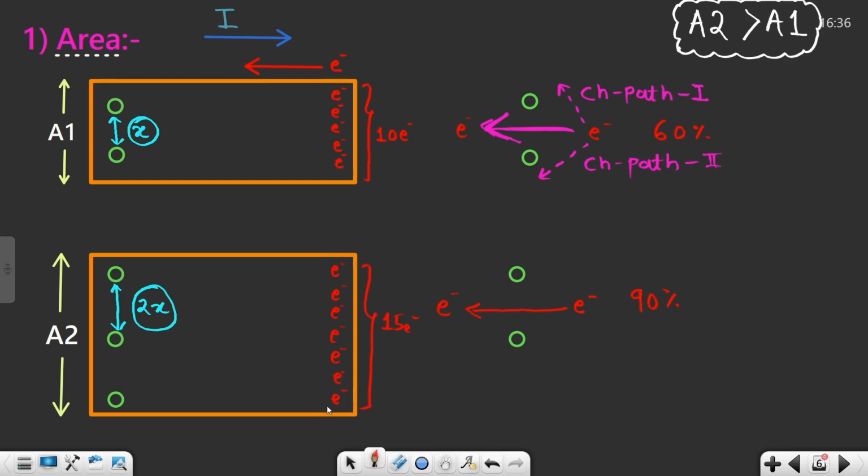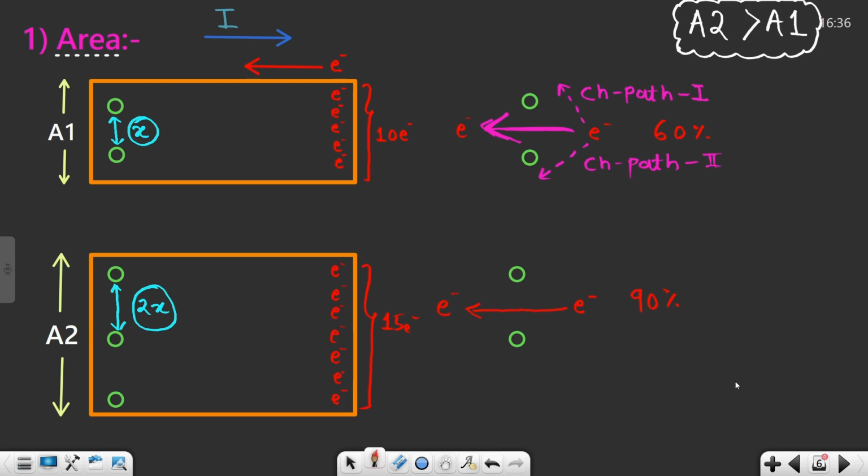So the first thing is that the number of incoming electrons has increased. Secondly, the intermolecular spaces between the nucleus have also increased, and since that has increased, the chance of an electron to pierce this particular gap has also increased. I hope you are able to understand this particular point.